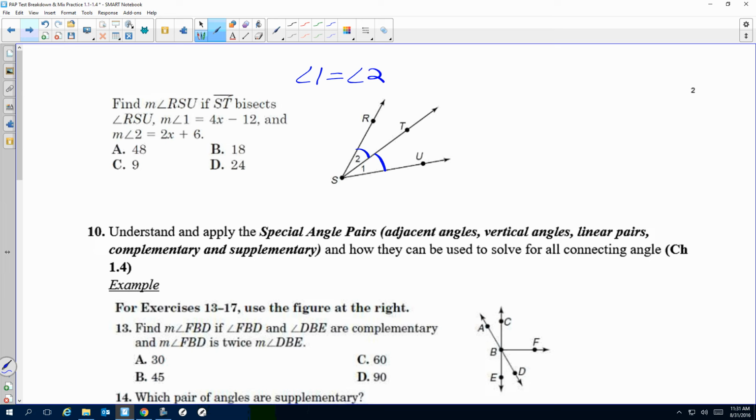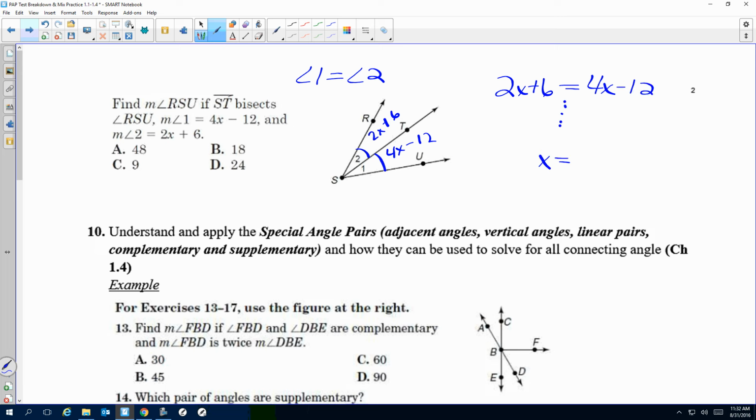Whether you label it or go straight to your equation, I'm hoping you see we have 2x plus 6 for angle 2 and 4x minus 12 for angle 1. Then I should be getting 2x plus 6 equals 4x minus 12, and then getting to x.